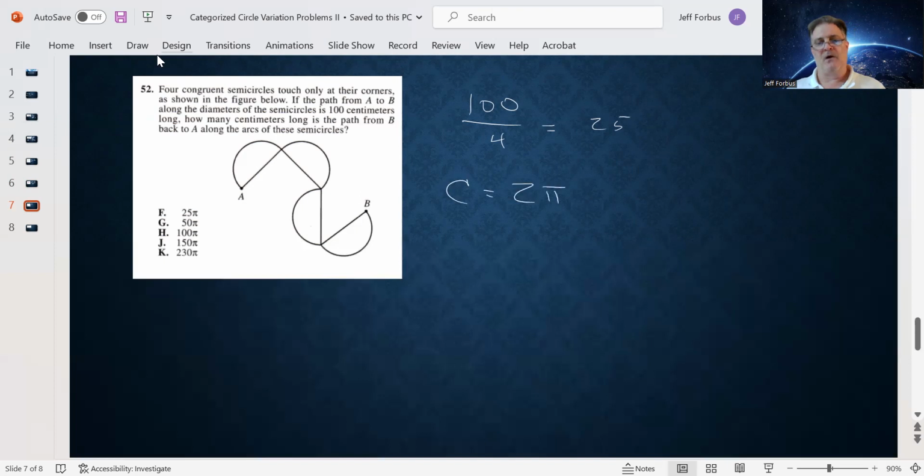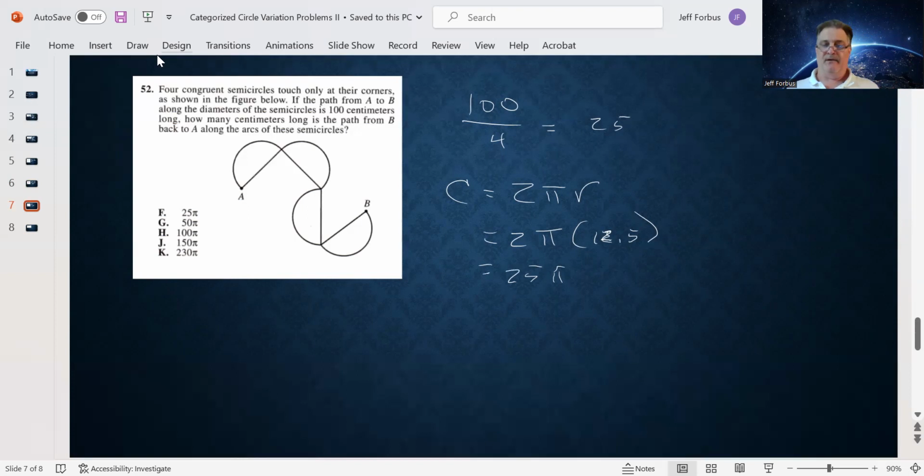So 2 pi r. If you know the diameter is 25, the radius has to be half of that, or 12.5. So 2 pi times 12.5. Now 12.5 times 2 is 25. That's 25 pi. So with that being said, that's the circumference of one circle.